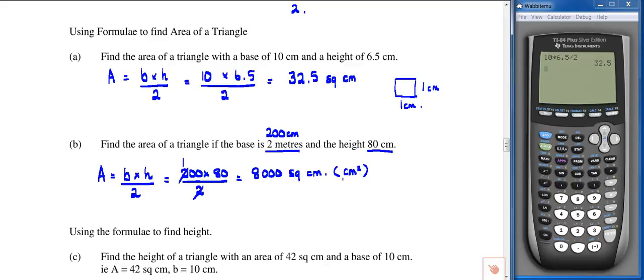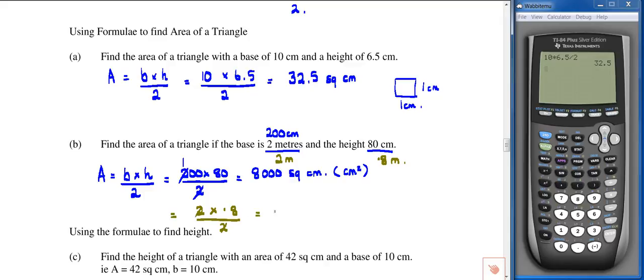The other thing I could have done was to convert both those measurements to metres. The first one is given as metres, but 80 centimetres is 0.8 metres. So I could have substituted in using metres, and that would become 2 multiplied by 0.8, divided by 2.